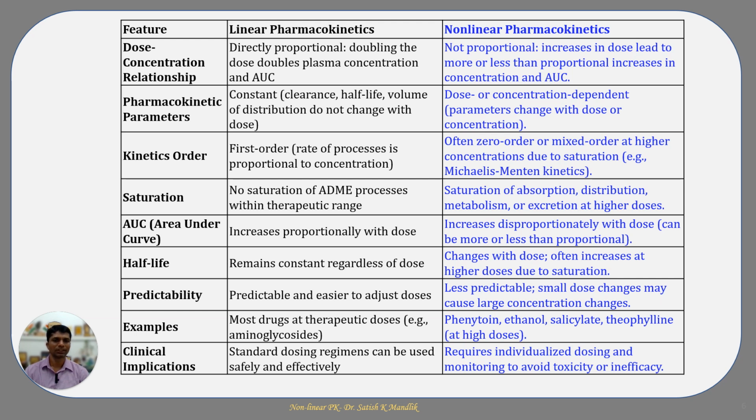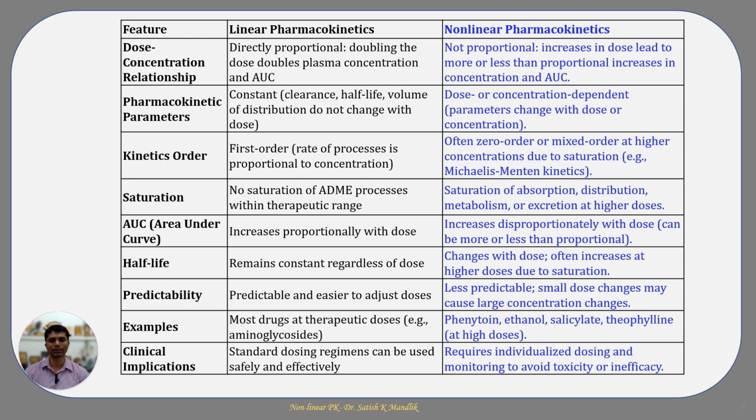The half-life changes with the dose, often increasing at higher doses due to saturation. The predictability of this is very low. The drugs that commonly undergo non-linear pharmacokinetics are phenytoin, alcohol, salicylates, and theophylline.